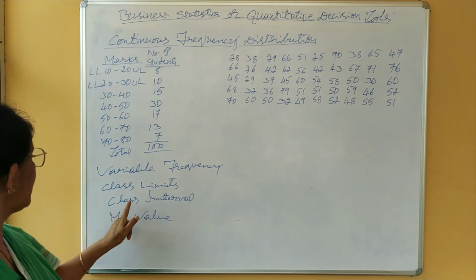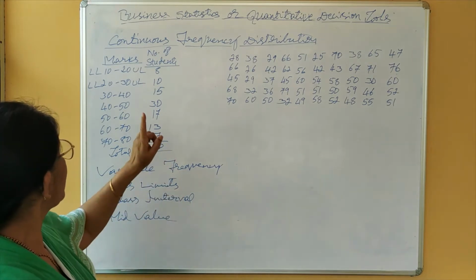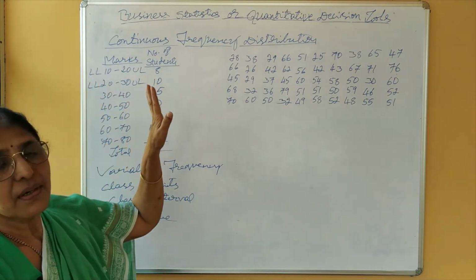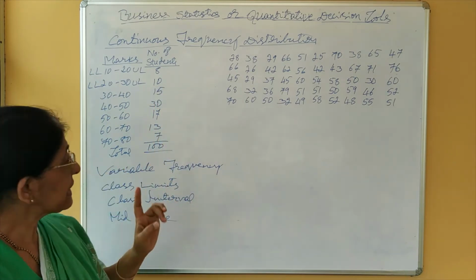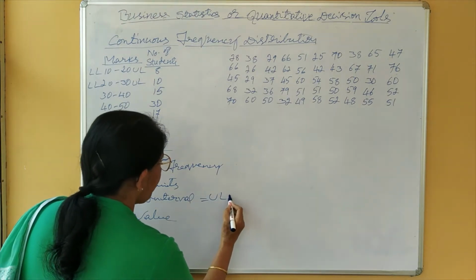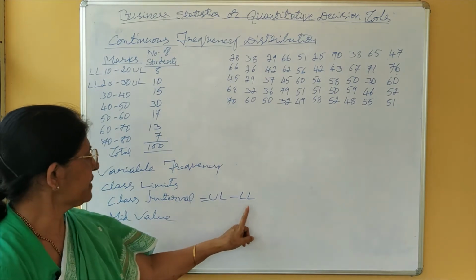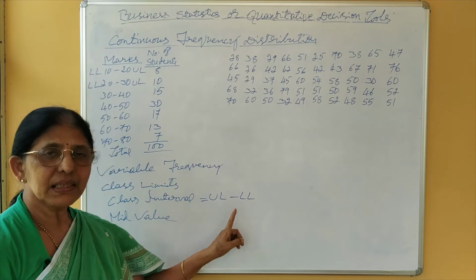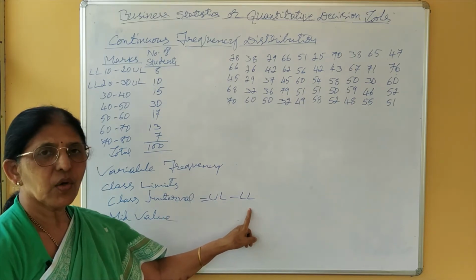Now, the next one is class interval. The difference between these 2 limits of a class is called class interval. That means class interval equals upper limit minus lower limit.